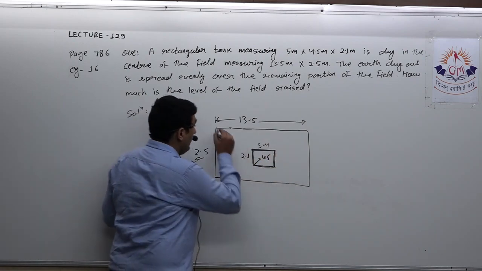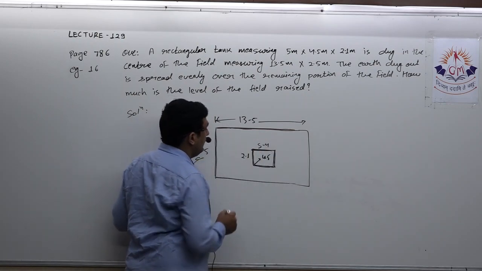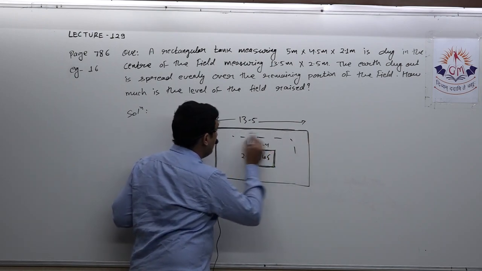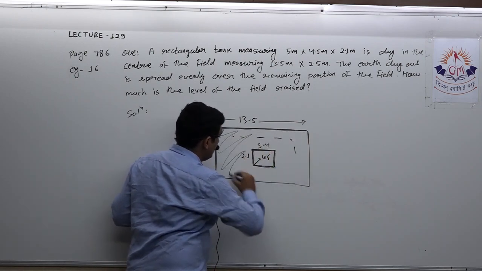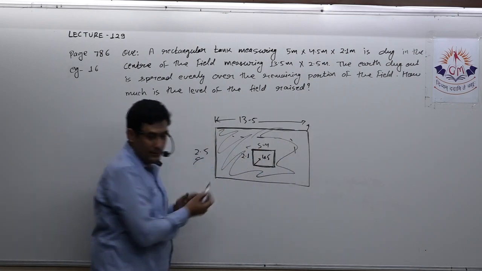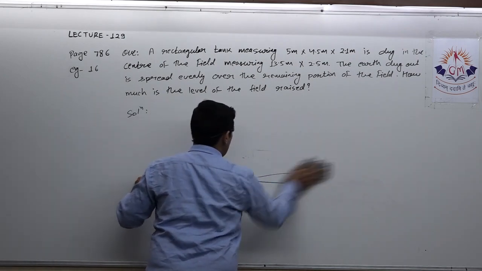Its length is given, its breadth is given, and height we have to find. And how to find the volume of this? Can I say volume of this is area of this shaded portion multiplied by height, that is h. Okay, so let us see how to solve this.